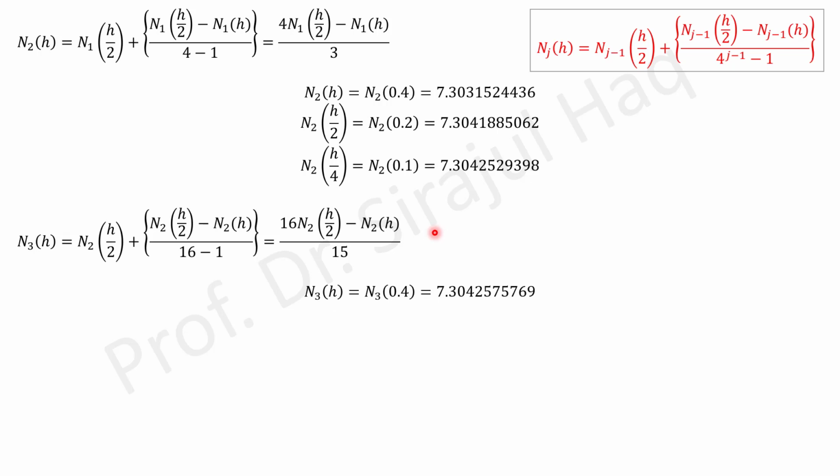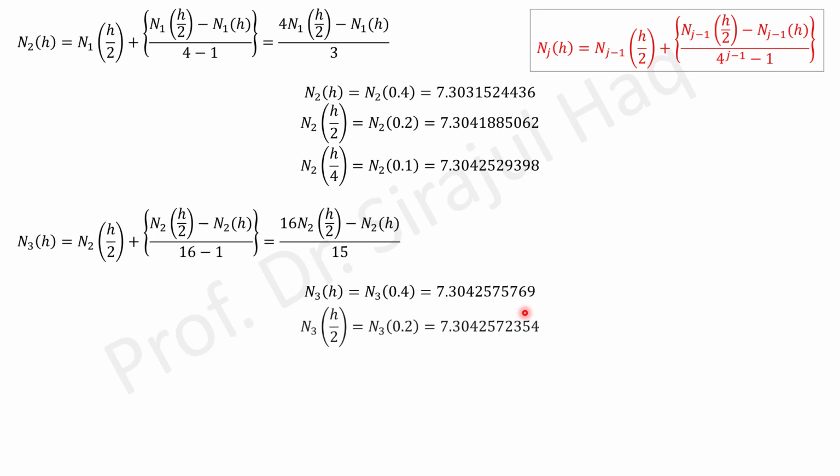Now let's substitute the values. N2 of h divided by 2 you have computed there, and N2 of h is available. Substitute the values over here, and you are getting N3 of h.